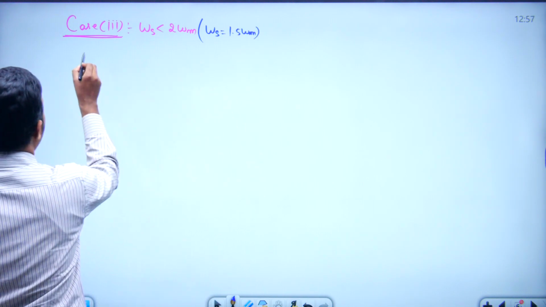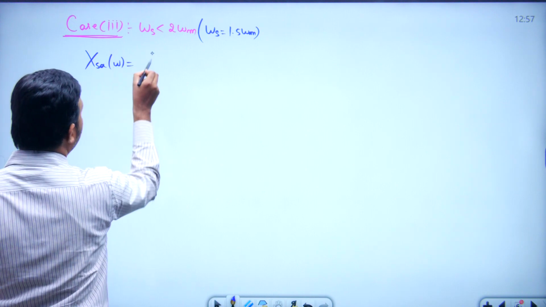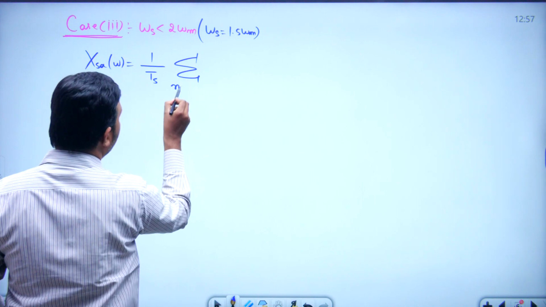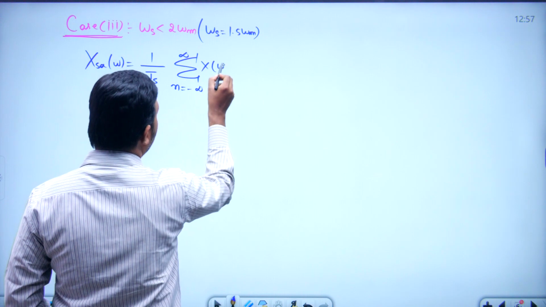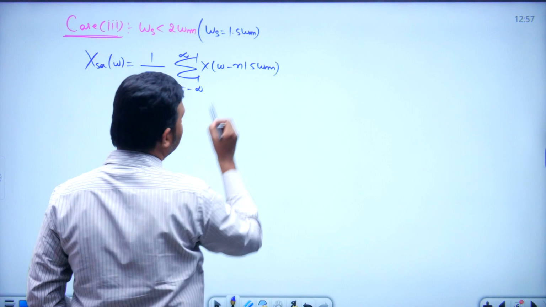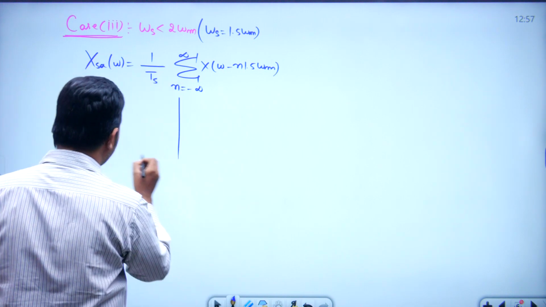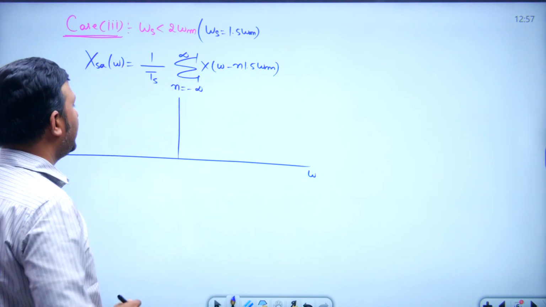The process is the same. Substitute this value of omega s in your sample spectrum: 1 by Ts summation n varying from minus infinity to plus infinity X of omega minus n omega s, with omega s equal to 1.5 omega m. Right. Now, by giving different values of n, try to draw the spectrum.